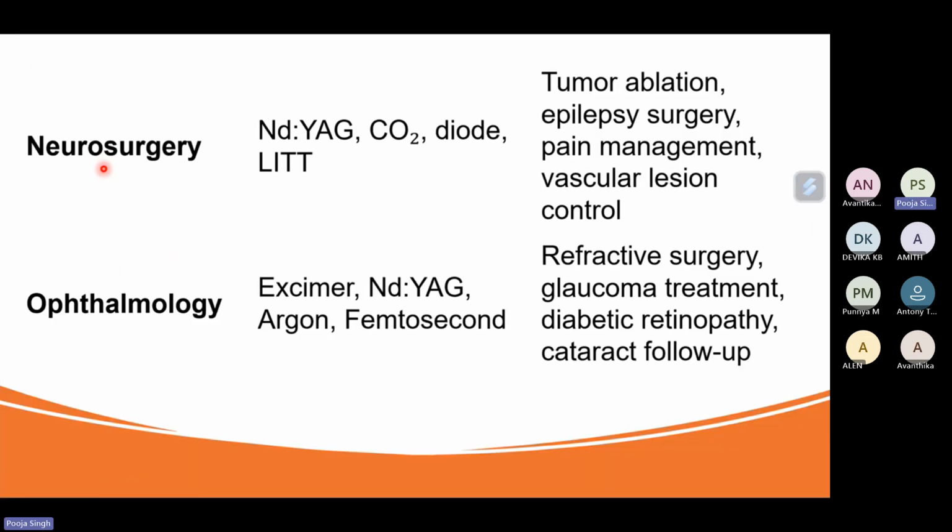Then here, in neurosurgery, what kind of laser can you use? Neodymium YAG, CO2, diode. In ophthalmology, excimer and neodymium YAG. Argon laser also you can use here, and the basic treatments for which this kind of laser is given.